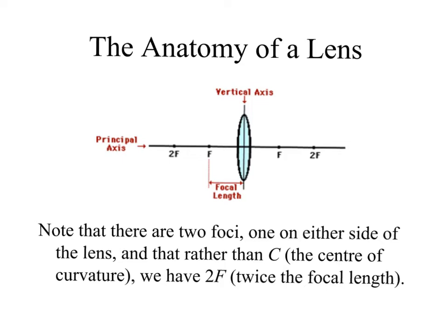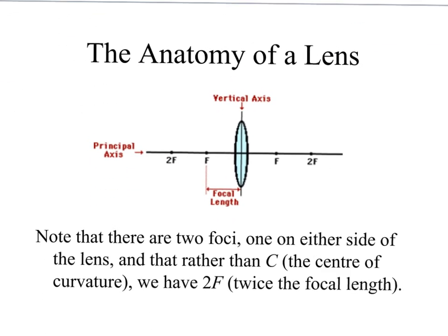The other difference is that instead of the center of our circle, we have something called 2f, or twice the focal length, and that again exists on both sides. Sometimes you'll see the left side differentiated from the right side by adding an apostrophe to one of the sides. The other important thing to know is that we have a vertical axis, so that's right here. Now this vertical axis is important for simplicity's sake.